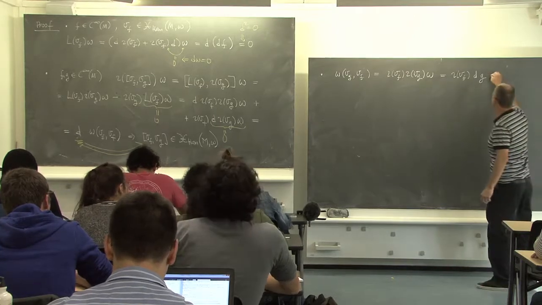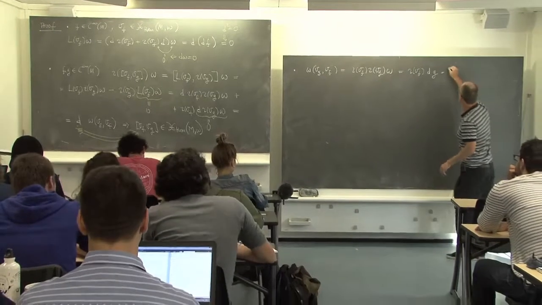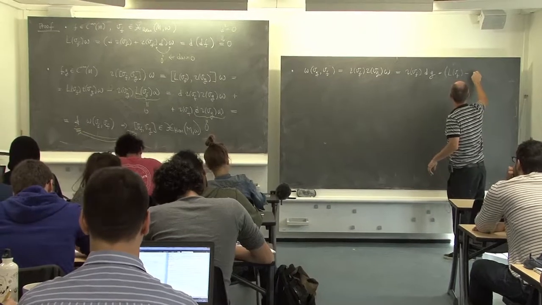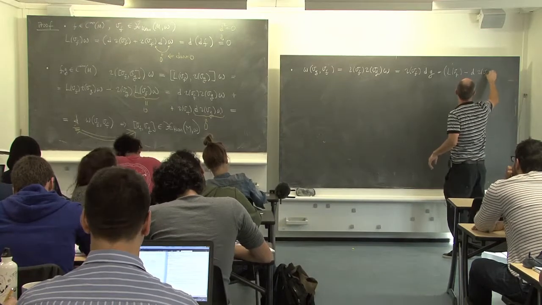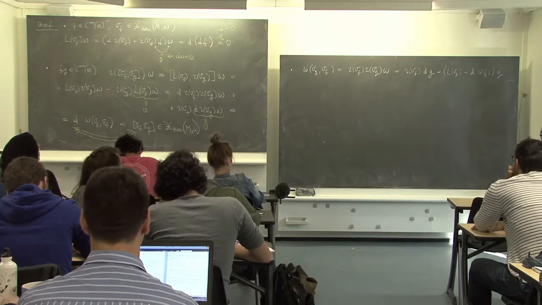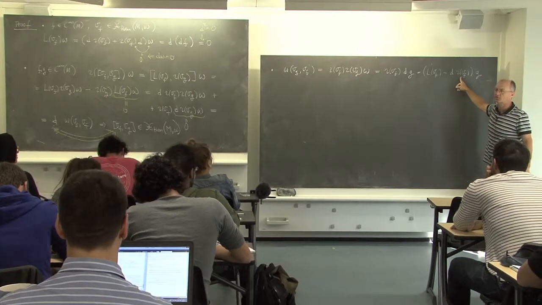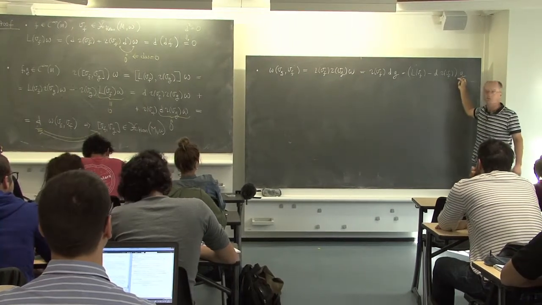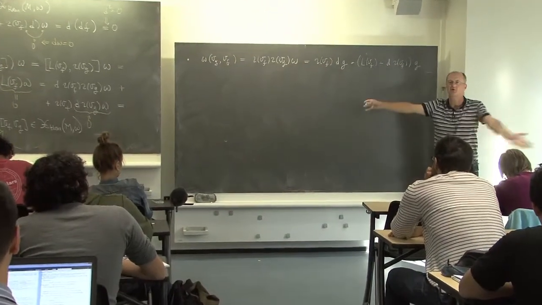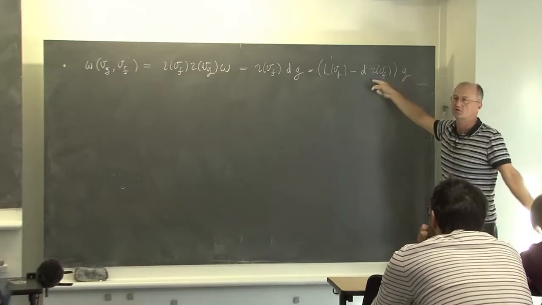Well, now we are kind of turning in circles. Use again the Cartan's magic. So this is L Vf minus d iota Vf g. But this term acting on g is 0 just for dimensional reasons, right? You have a function which is a 0 form. You contract it with a vector field, but there is nowhere to contract. So when you contract here, you just get 0 by definition.